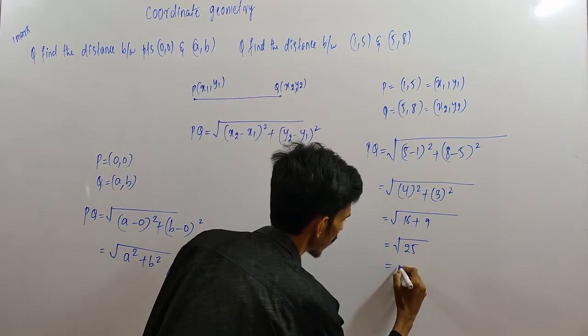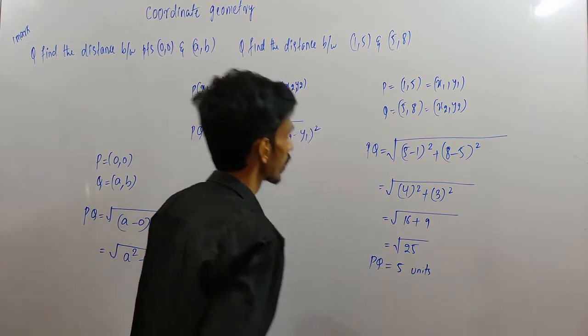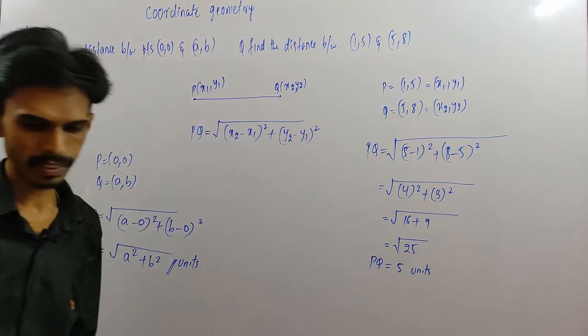The square root of 25 is 5. So the distance between these 2 points is 5 units.